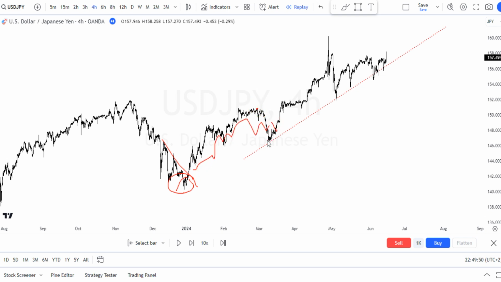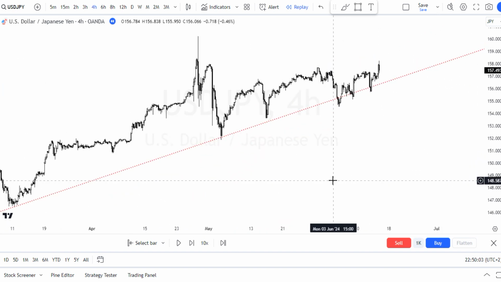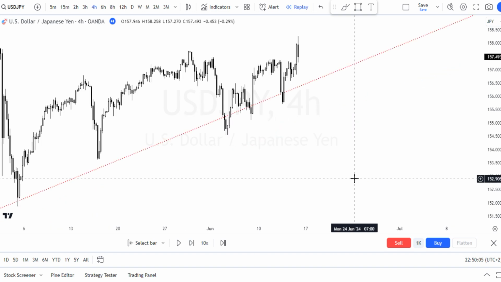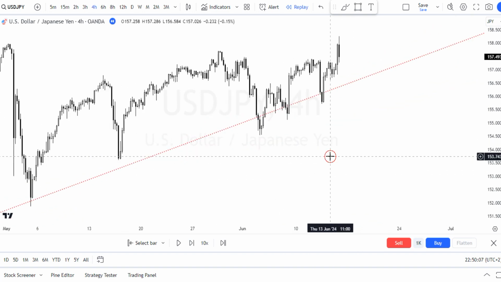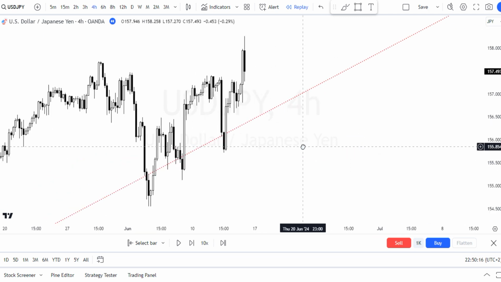Then we had another pullback here, then another very quick pullback right here. When I saw that, I could understand that the USD/JPY market is very strong. The USD against the Japanese yen is strong, so I should look for buy opportunities.